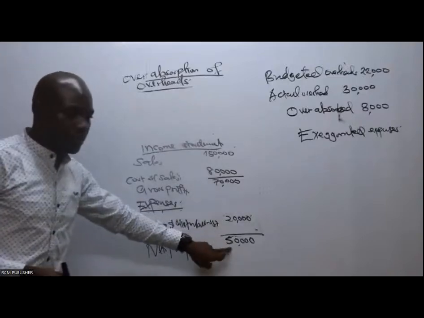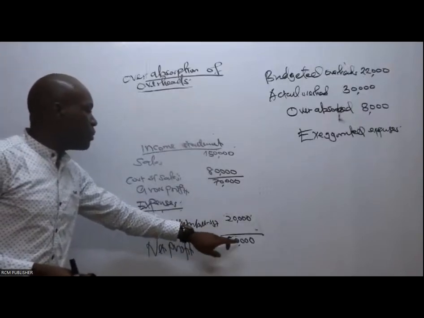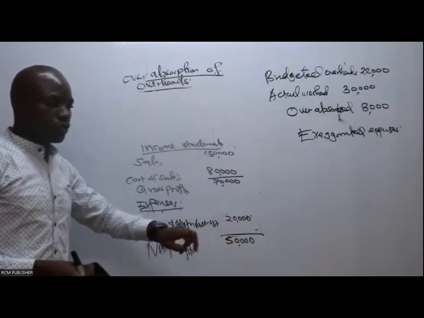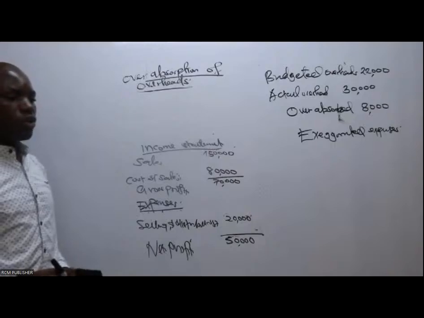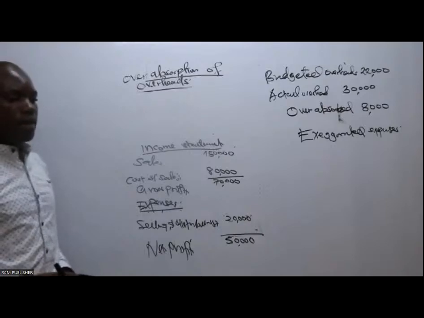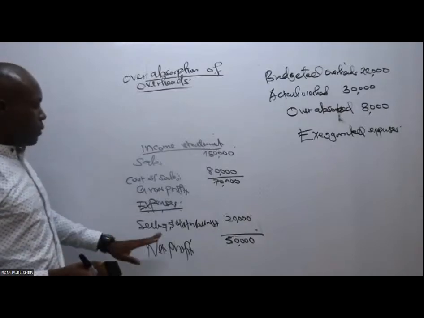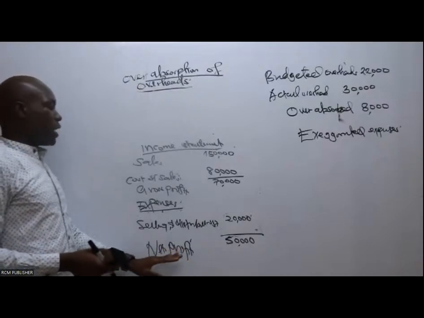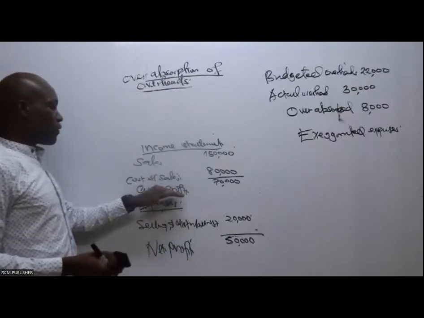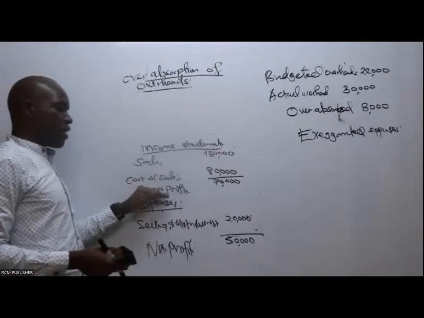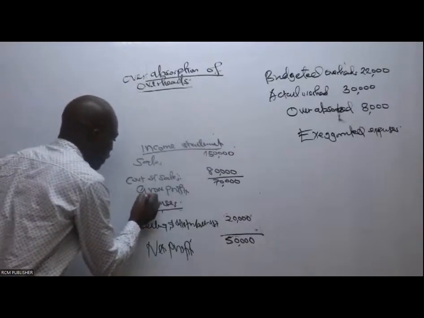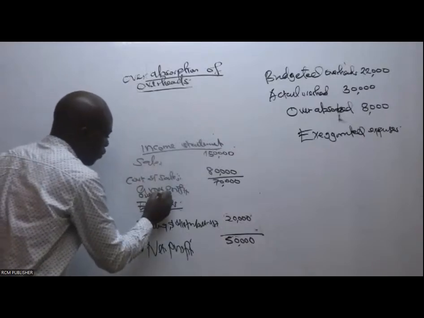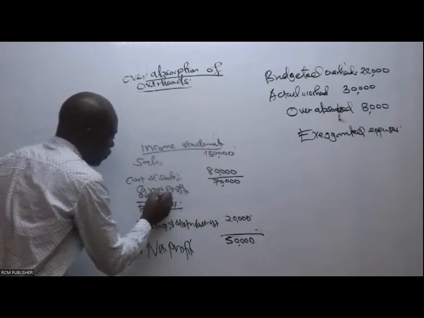It should be more than this. So for me to make it be more than this, what am I going to do? Yes, somebody says add back to net profit. So I'm going to add it back to my net profit. Maybe under gross profit here, I will indicate other income, or I just indicate here after gross profit, over stated or over absorbed.